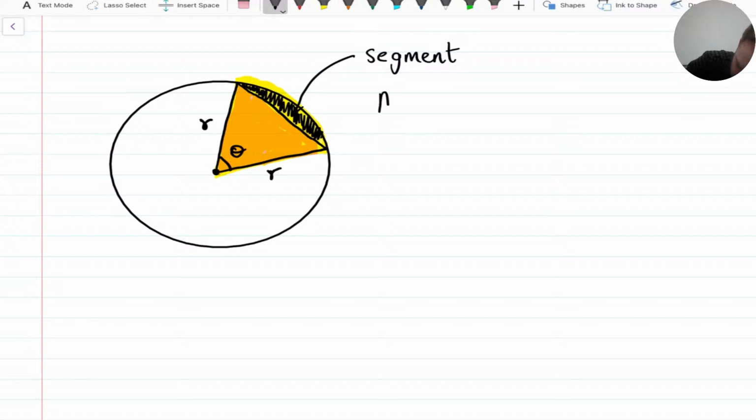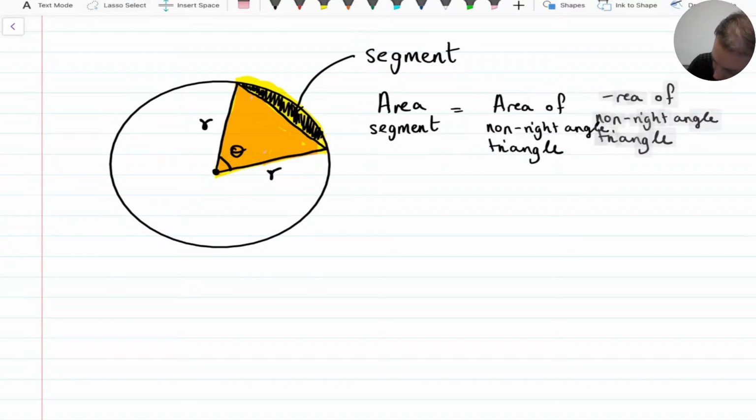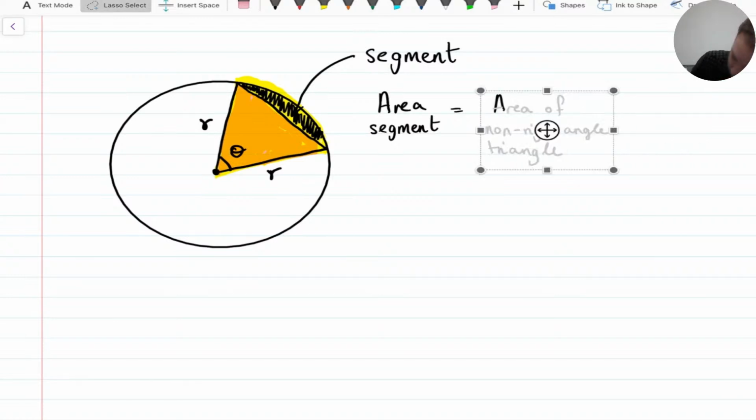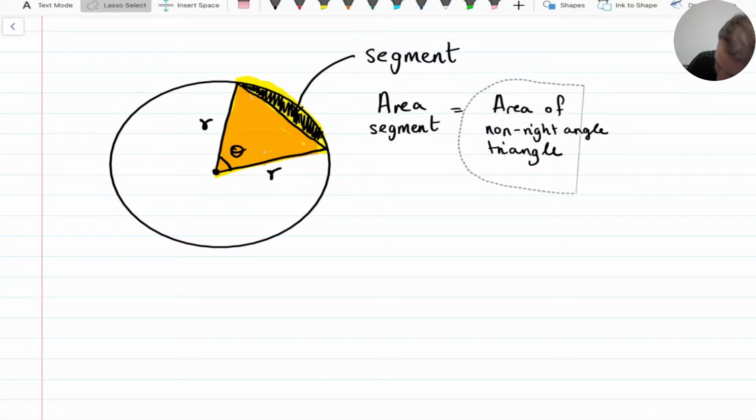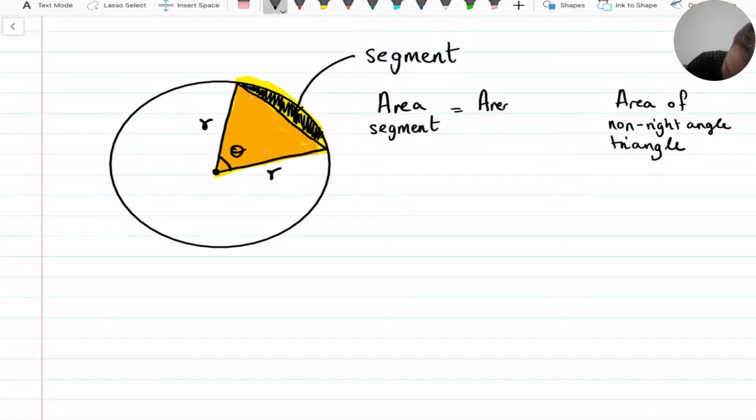So the area of a segment is equal to the area of my sector subtract the area of the non-right angle triangle.